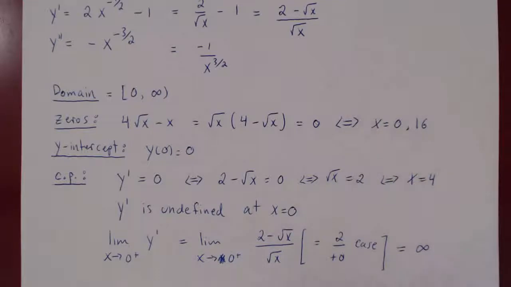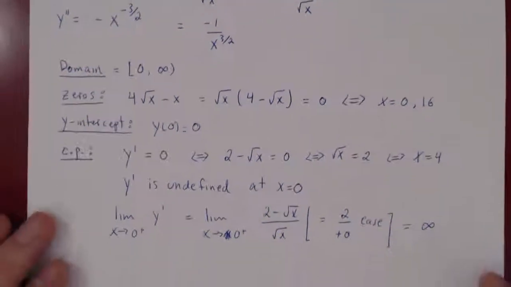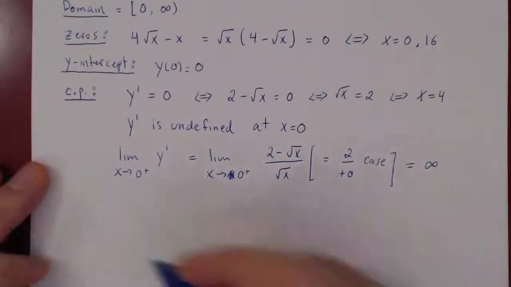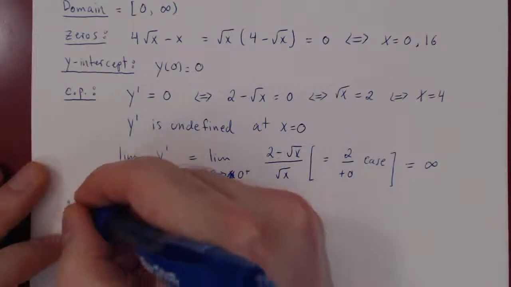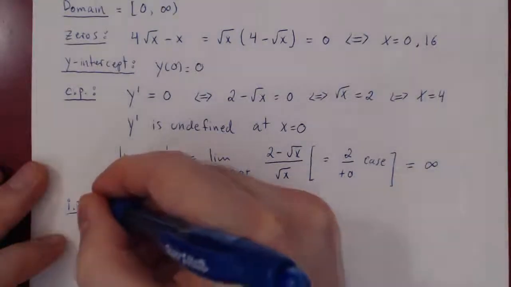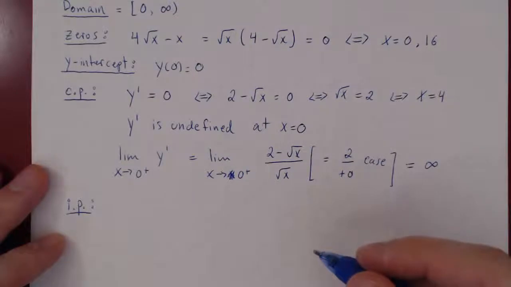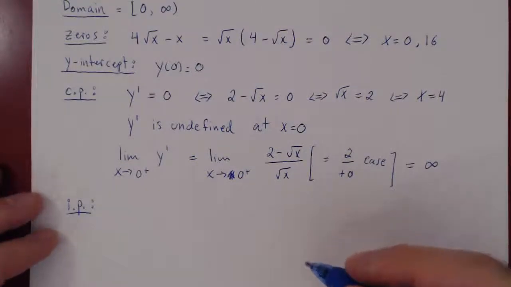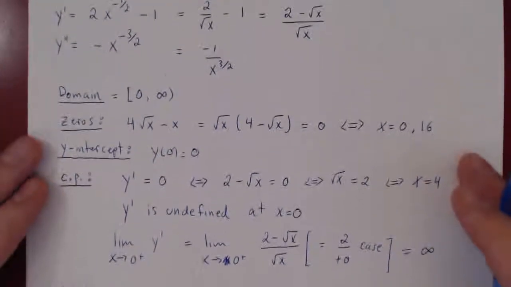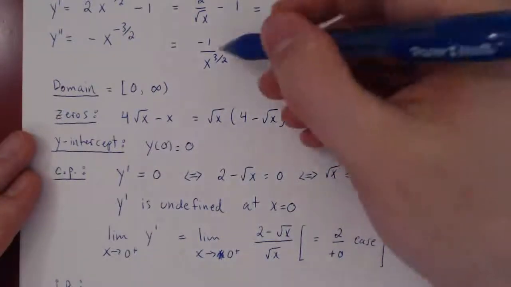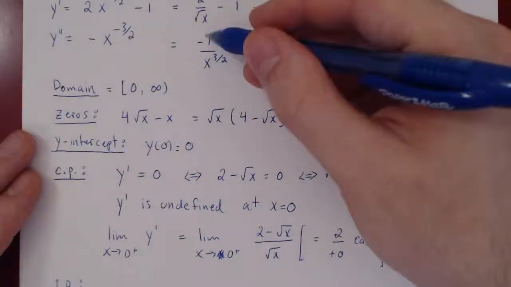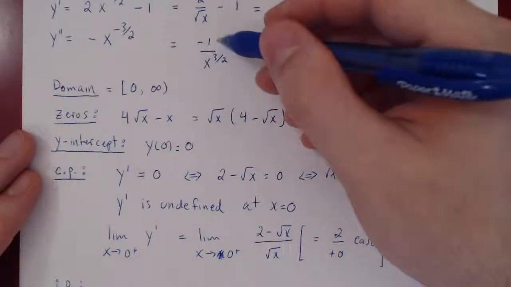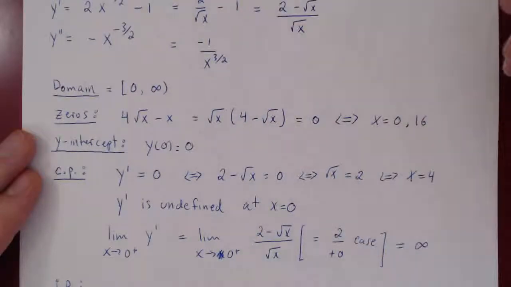So now we have our two critical points. Let's look for possible inflection points. And those will be coming from the second derivative being 0 or undefined. If you look at your second derivative, it is a fraction, and the numerator is constant, and it's equal to -1, so it will never be 0.